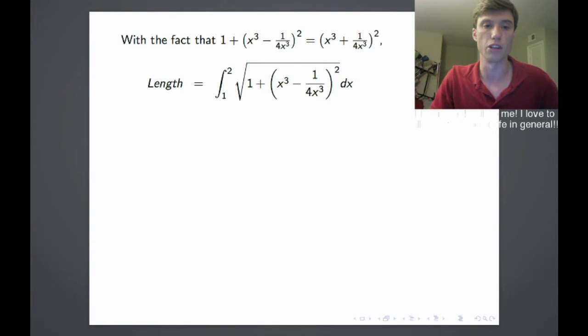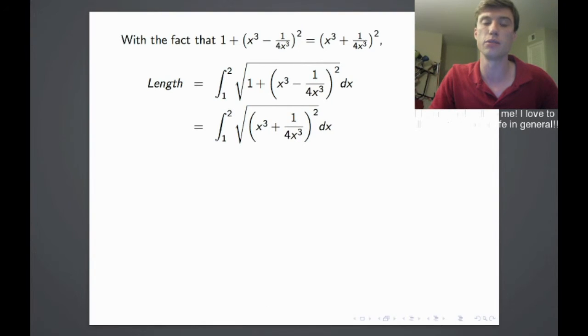Recall that length was equal to the integral from 1 to 2 of the square root of 1 plus (x cubed minus 1 over 4x cubed) squared dx. By the calculation we did on the previous slide, this is equal to the integral from 1 to 2 of the square root of (x cubed plus 1 over 4x cubed) squared.